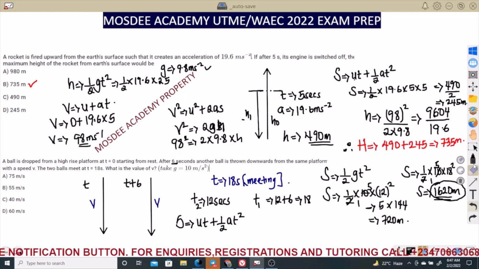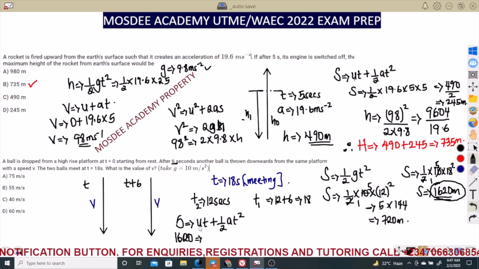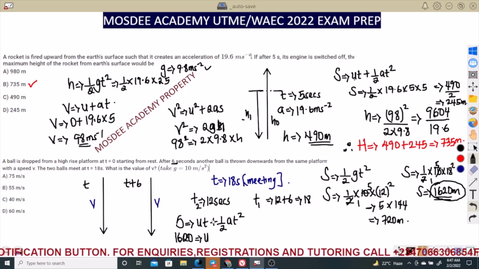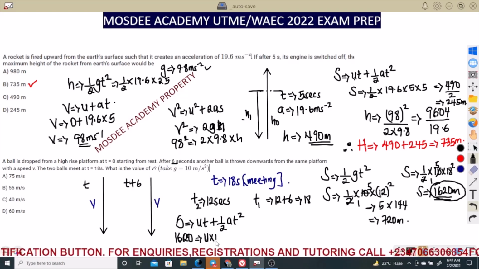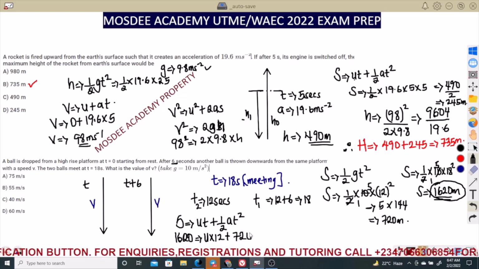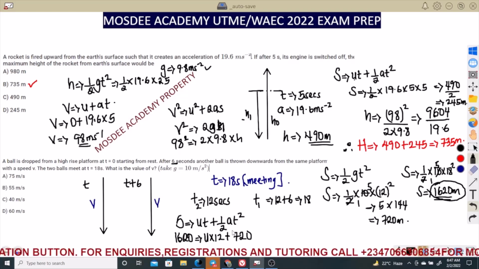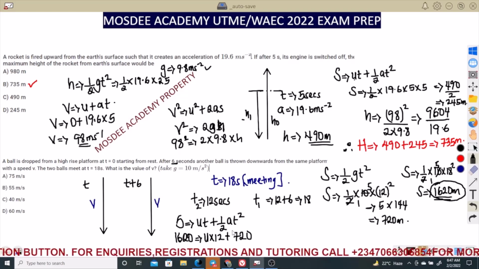Just have to be careful sometimes. 1620 is now equal to u, which is the value of the speed we are looking for, times 12, plus half at squared, 720. So what I did here, guys, is that the distance covered by the first ball in 18 seconds, which is their meeting point, is the distance that will have been moved by the second ball in 12 seconds, because that is 6 seconds ahead of the first one.